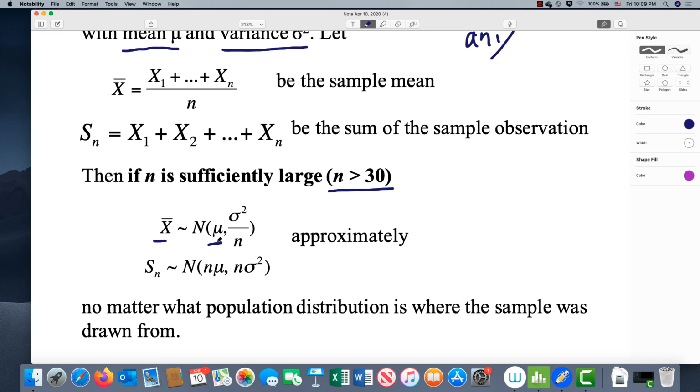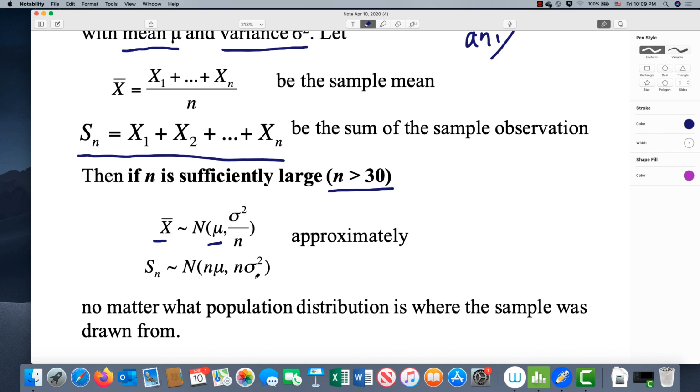The variance of the sample mean will be equal to sigma squared over n. If we use Sn to denote the sum of the sample, the sum Sn will be approximately normal as well, with mean equal to n mu, and variance n sigma squared.